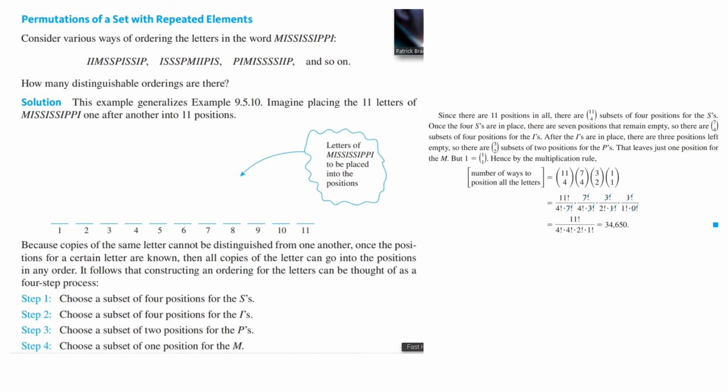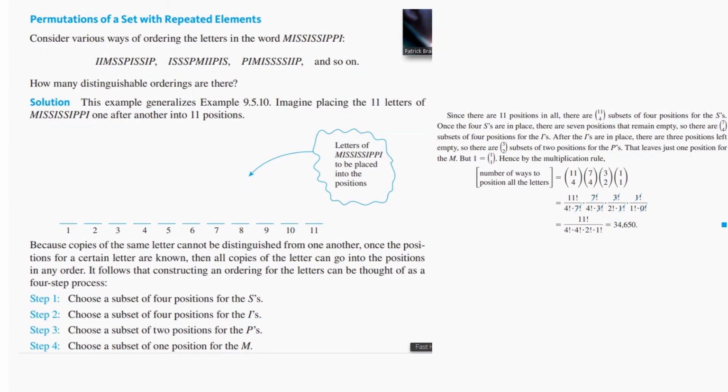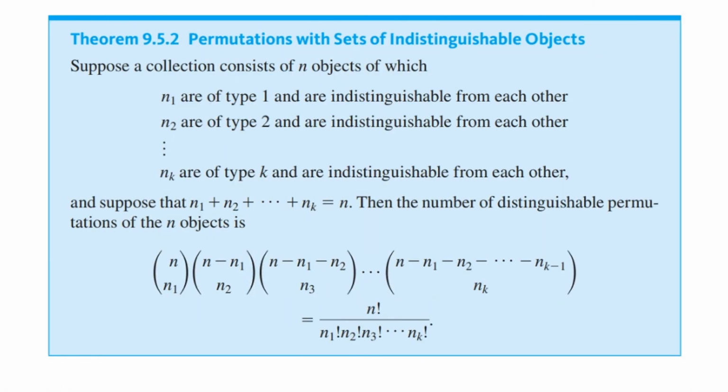Now let's generalize this result with a theorem. Suppose you have a collection of n objects of which n1 are of type 1 and are indistinguishable from each other. This is like the I's. And n2 are of type 2 and are indistinguishable from each other. This is like the P's, and so on and so forth.